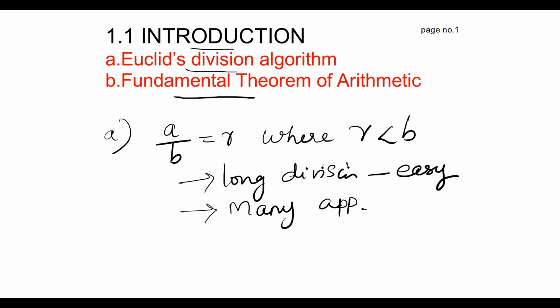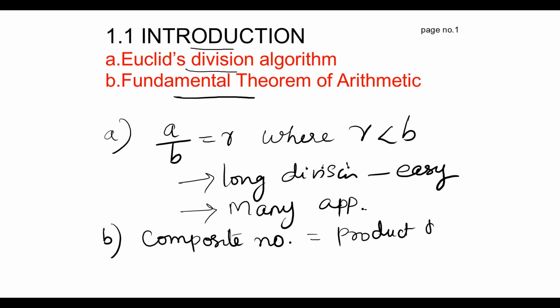Second one is fundamental theorem of arithmetic. That is, we can represent any composite number as the product of prime numbers. What do you mean by composite number? Any number which has factors other than 1. What are called prime numbers?